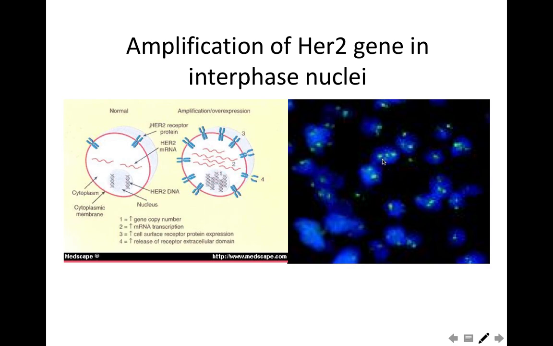And you can see here I'm using one probe for this gene, and you can see that the spots here are more than 2, and big spots means that there is increased copy number of the gene. So this fish for HER2 diagnoses that the gene is amplified. Okay? This gene gets amplified in cases of breast cancer.